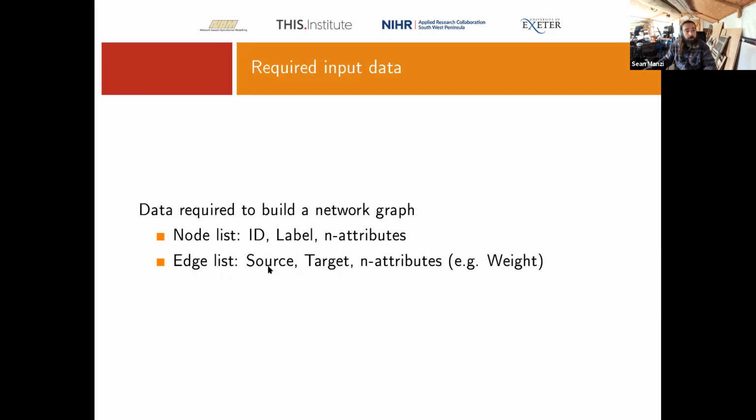This source and target information is based on the ID of the nodes, and this is how the node and edge lists are linked together: the IDs are used to create the edge list. We'll create examples of these. Again, we can attach any number of attributes to the edges, and the most common one is the weight of the edge itself.